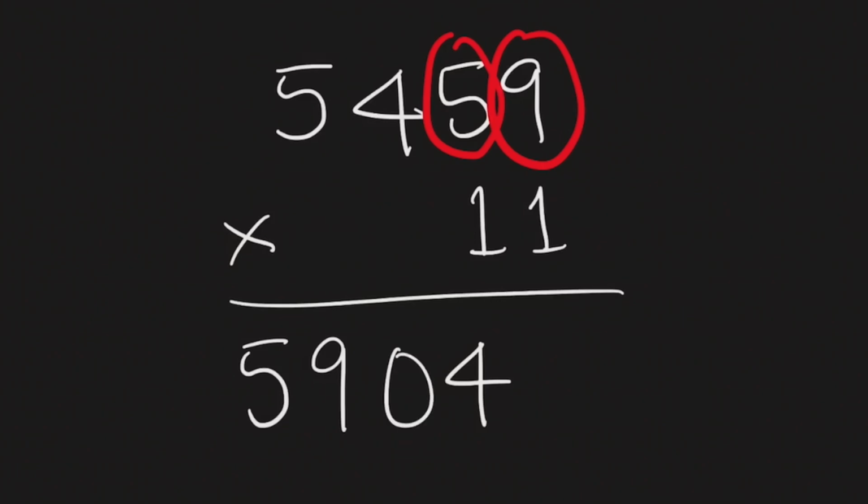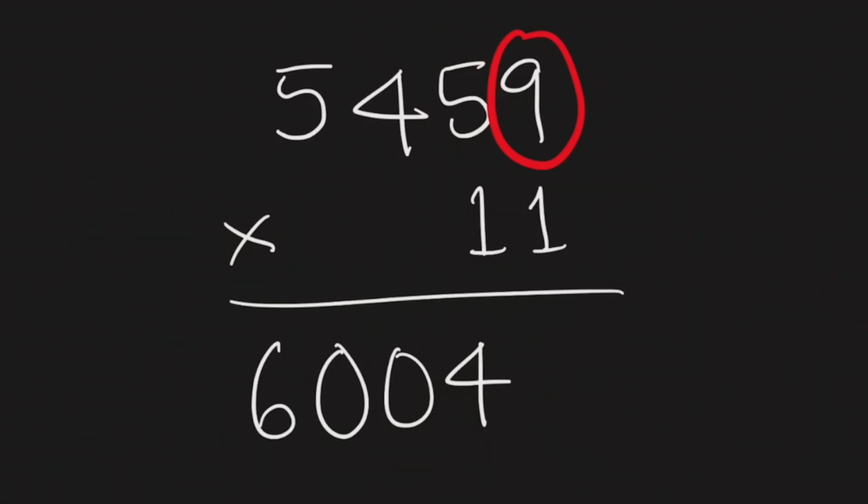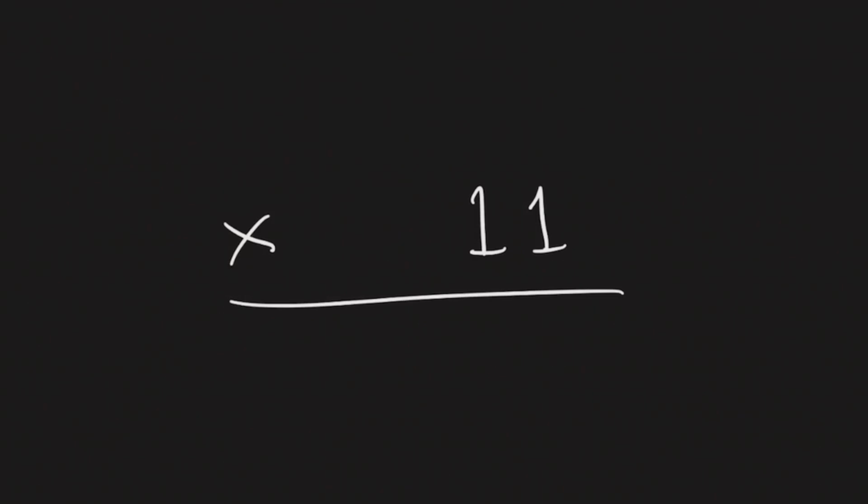And the 1 will be carried over to 5, which becomes 6. And therefore the last digit is 9. The final result is 60,049.